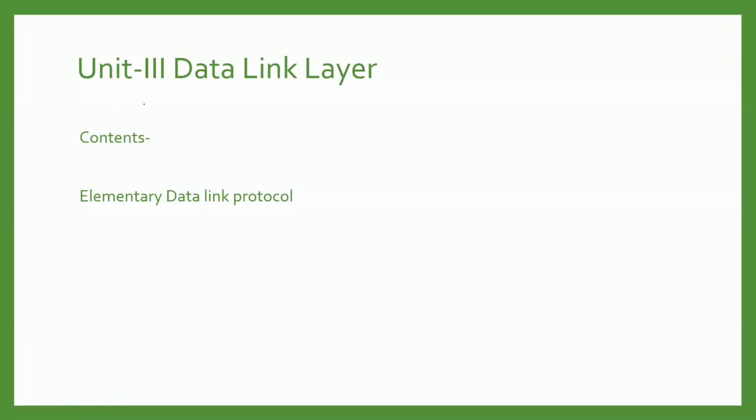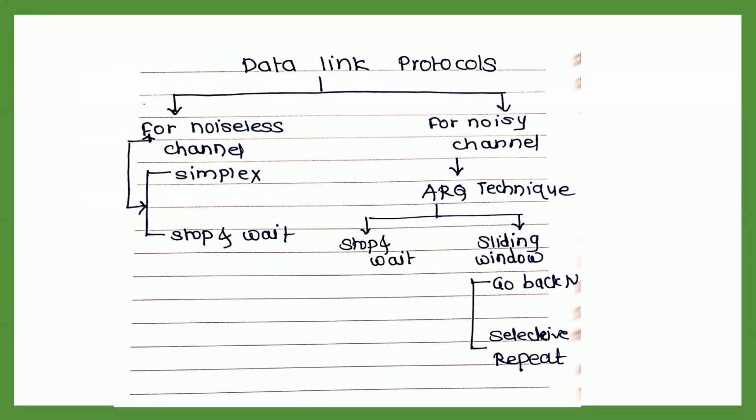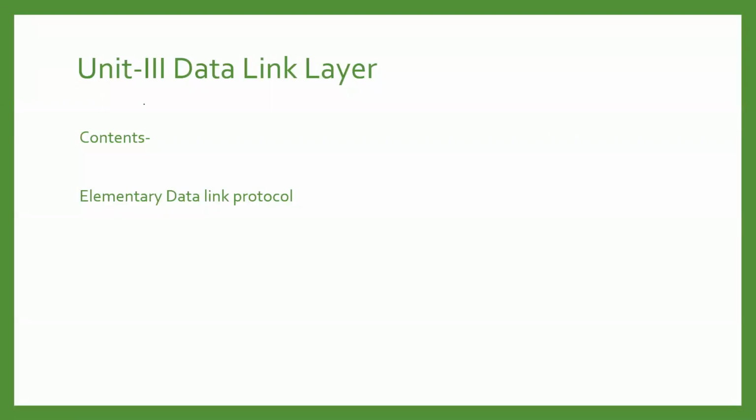See, protocols are designed in the data link layer so that it can perform its functions, like framing, error control, and flow control. If we talk about the framing method, what does it do?